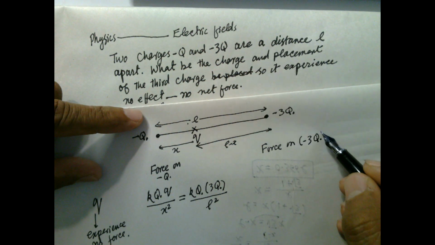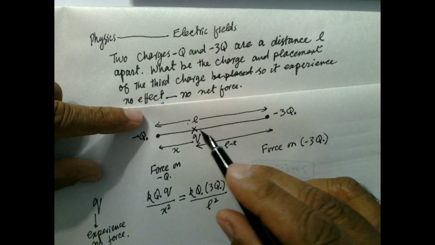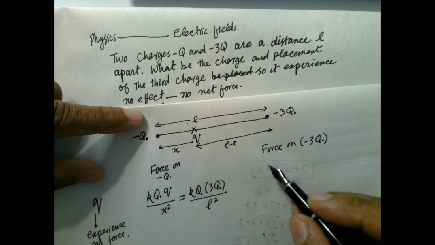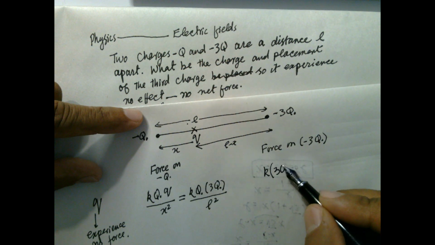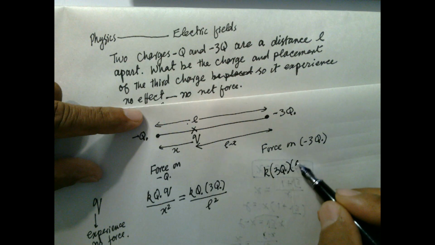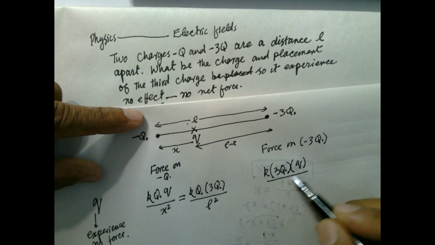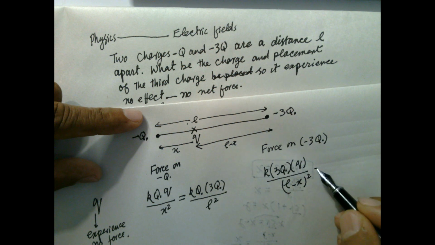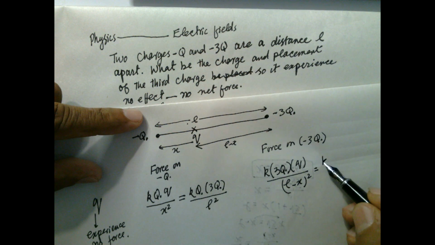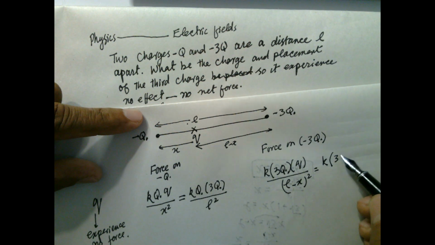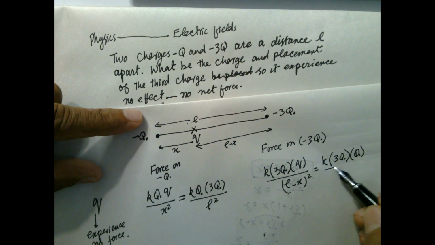This one, because of this: k 3q into q naught over L minus x whole square is equal to this and this: k 3q and q naught over L square.